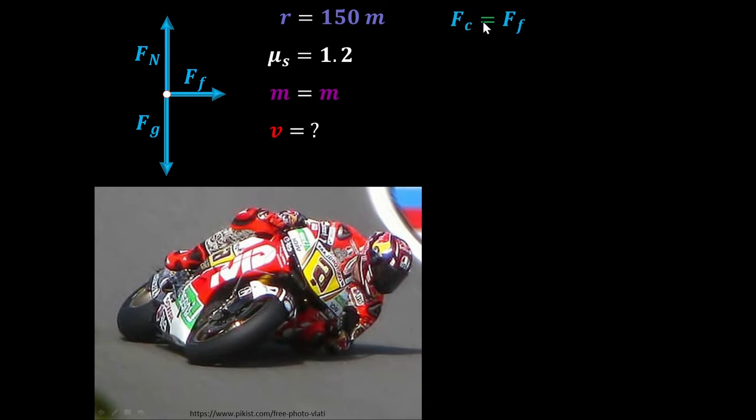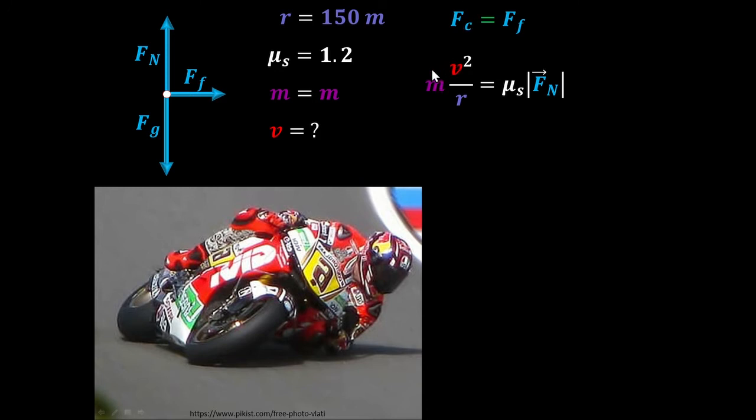Here it is. Our equal sign that we hunted for in the jungle: the centripetal force is equal to the frictional force. However much friction there was parallel to the surface, that's what was pushing them into a circle. Okay, and again I said the mass was m, and we're trying to figure out how fast we can travel around that turn.